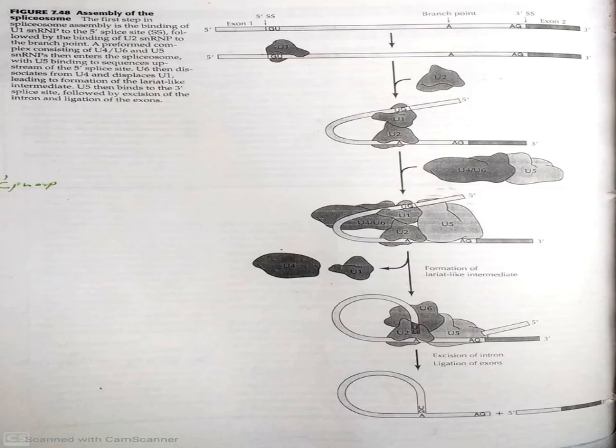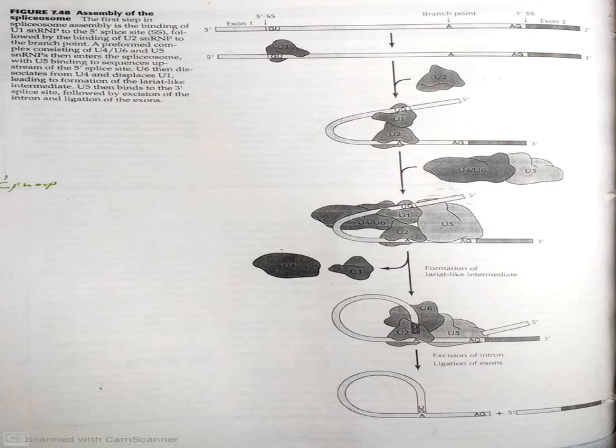Now we'll move towards how the whole process of splicing actually takes place. There are a number of proteins which carry out the process of splicing. They need the help of a number of proteins, and these proteins ultimately form a complex which is known as the spliceosome.